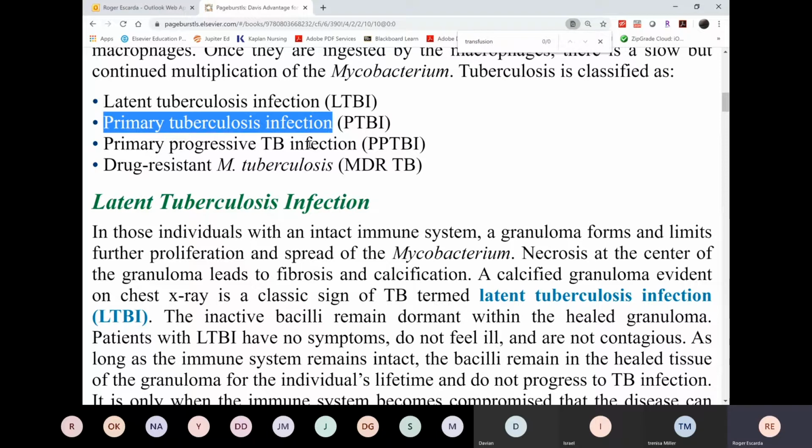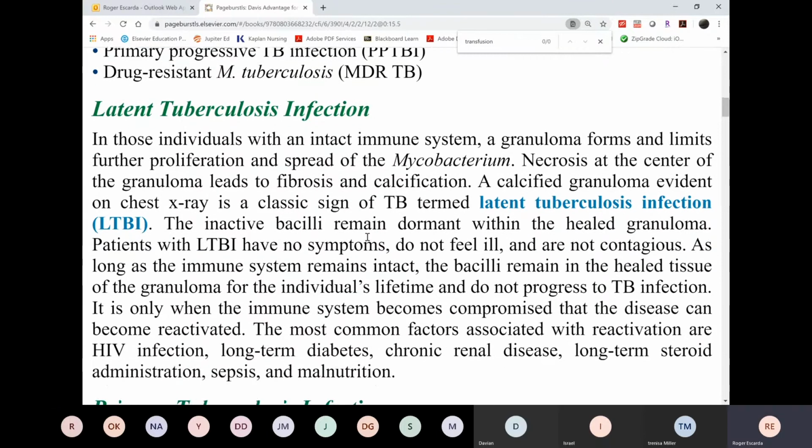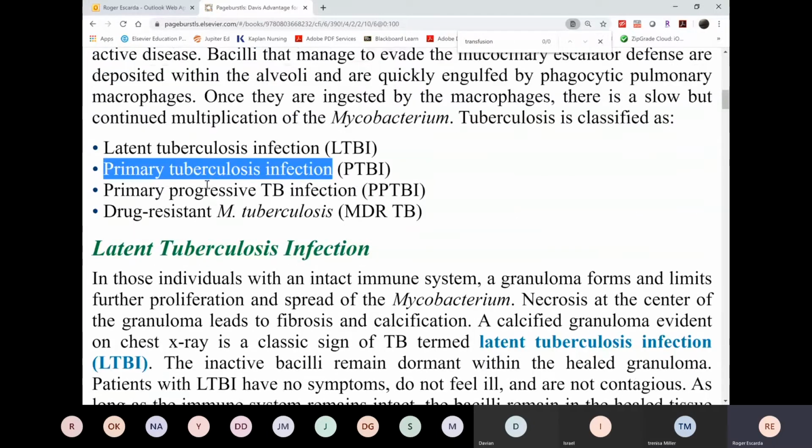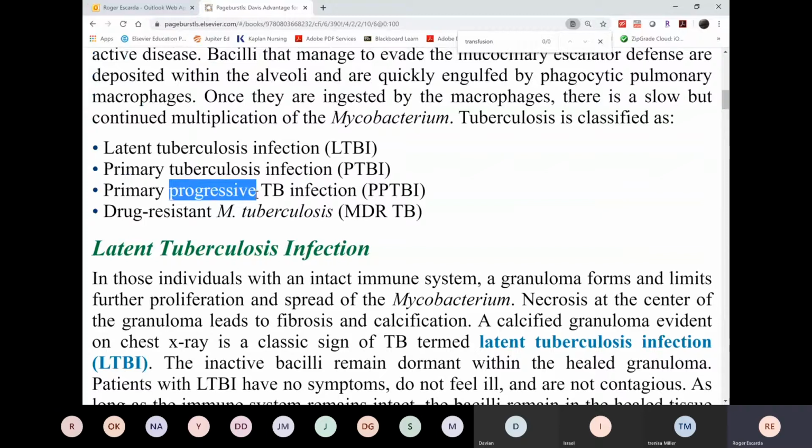I don't know when my primary TB infection was. Just that somewhere between my first PPD testing and the time when my PPD tested positive, I know that was my primary TB infection. But I did not become progressive.